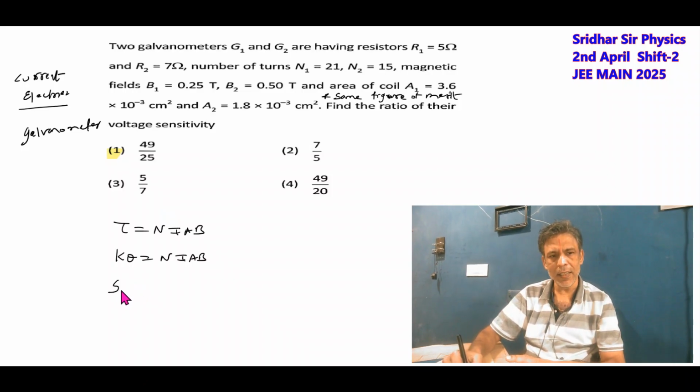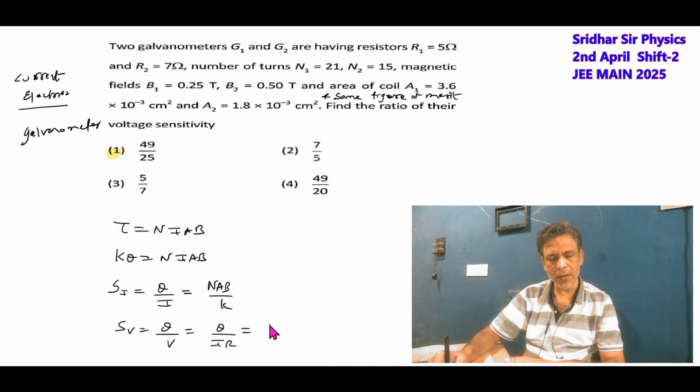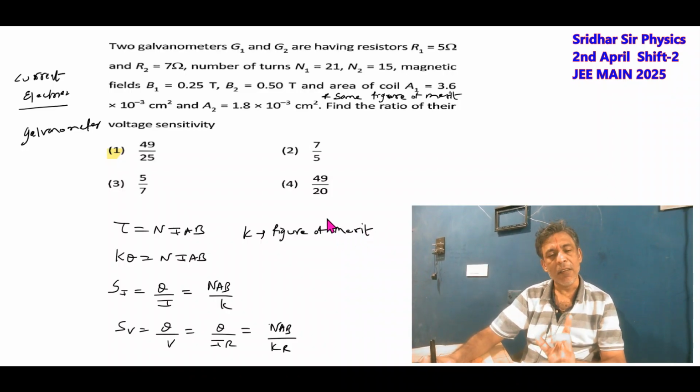Current sensitivity, I'll use SI, which is equal to theta by I, which is equal to NAB by K. Voltage sensitivity, theta by V, which is equal to theta into IR, which is NAB by KR. K is the figure of merit. If you remember the formula, okay, fine. Without the formula, you can't solve this problem.